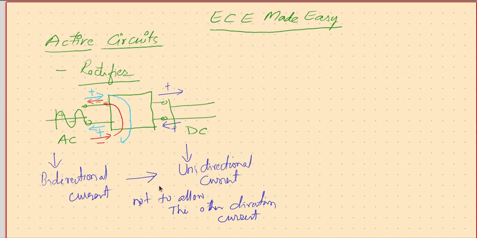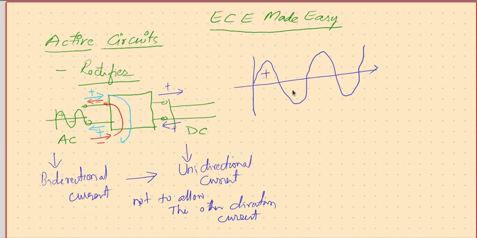That means whenever we are talking about our AC, it is positive, negative, positive, negative, and that continues. So one option is to allow only the positive part and not allow the negative part.